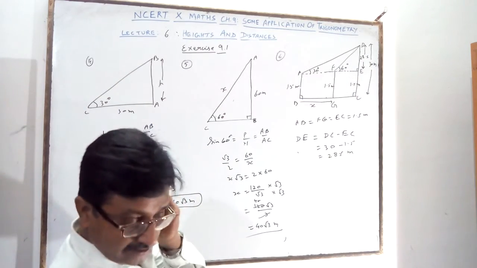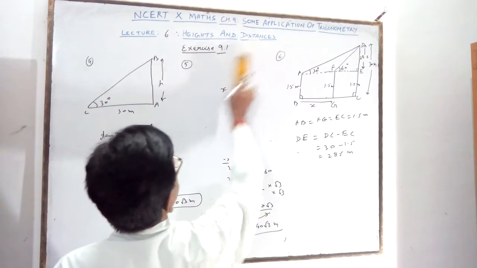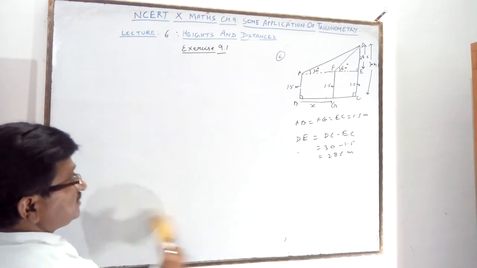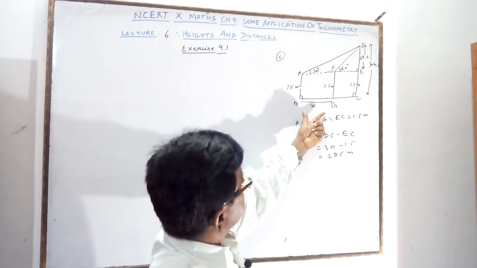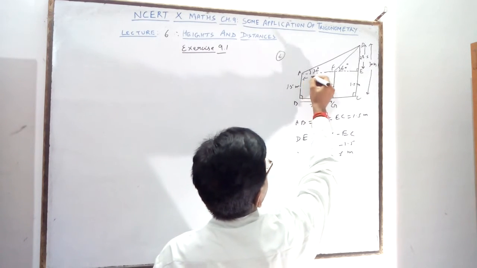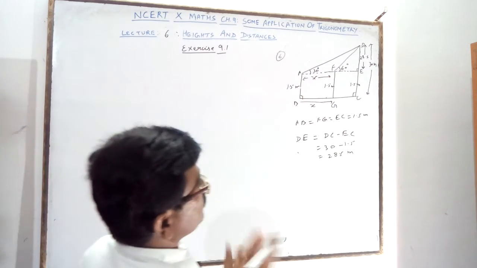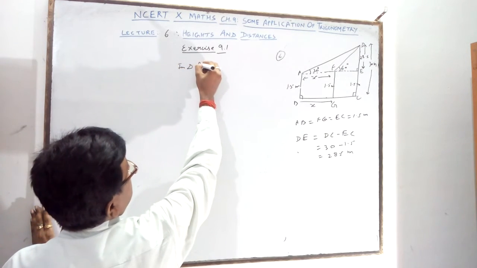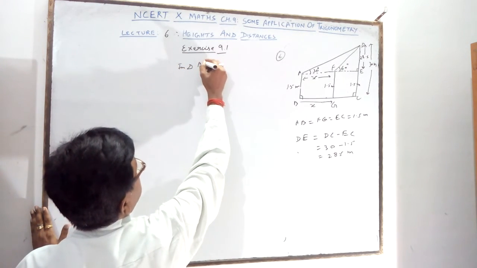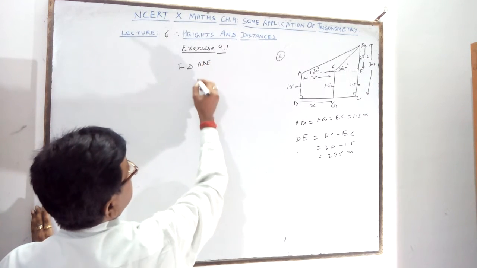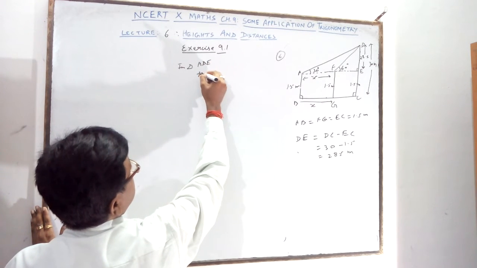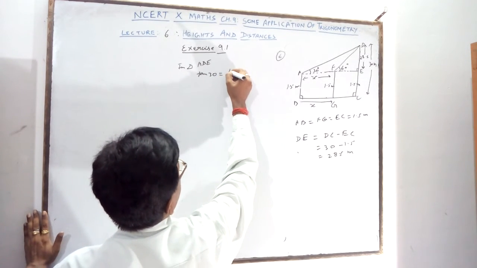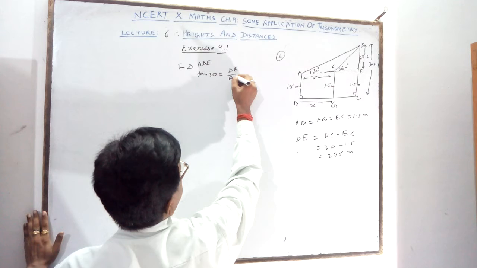You will take these two right triangles and get the solution. The distance walked will be this, call it x. So AF you want to find, which is AE minus EF. In triangle ADE, tan 30 is equal to DE upon AE.